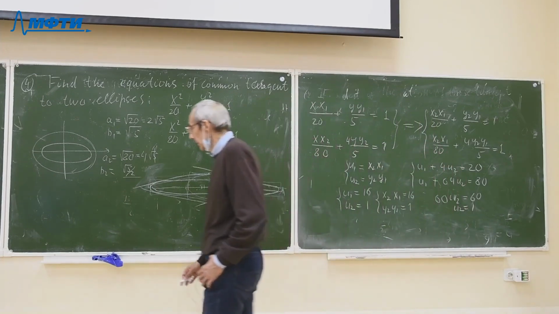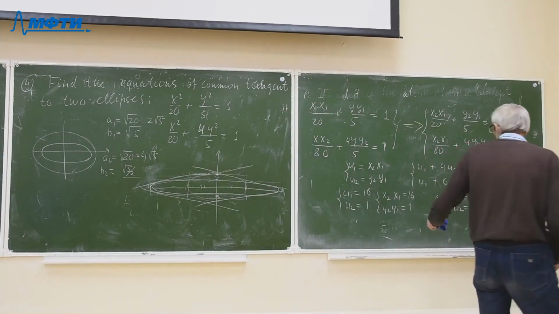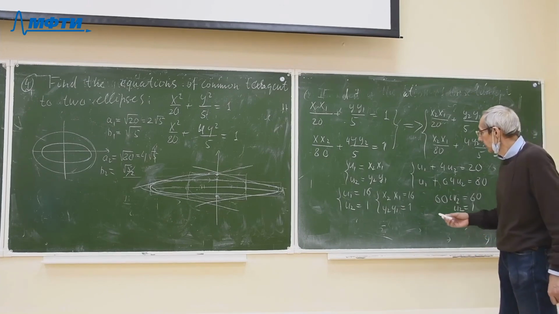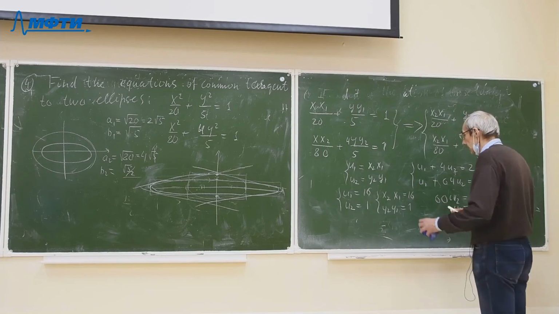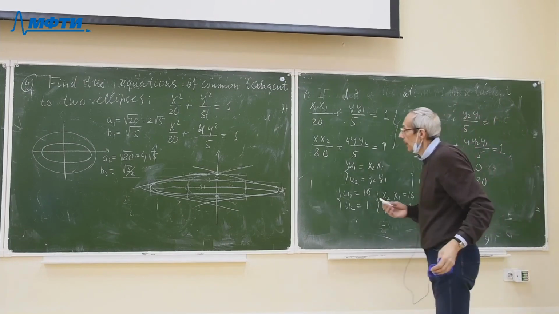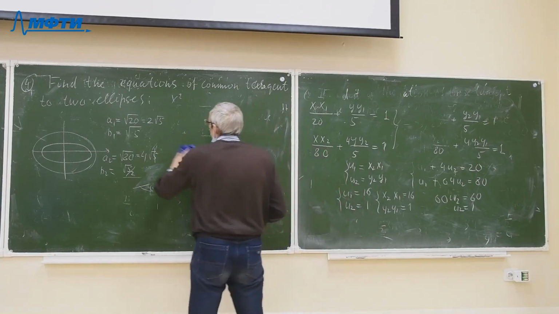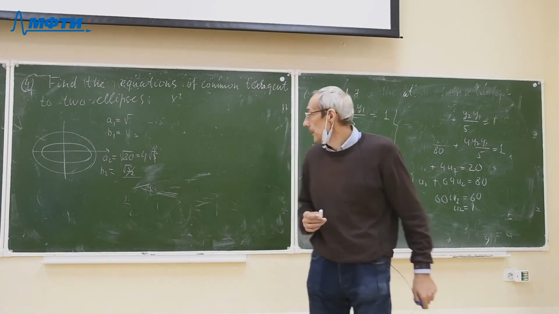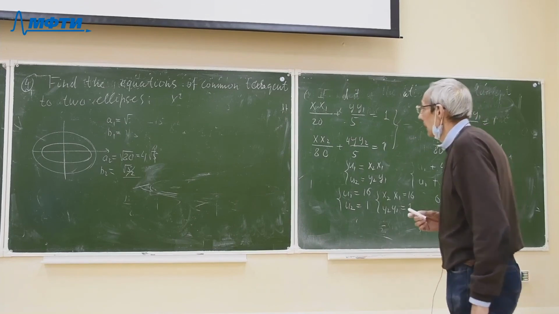We have two relations between the unknown coordinates of the points of contact for the first and second curve. I haven't any time, but I give the plan to solve this problem, and I hope that we finish the solution at the next seminar.